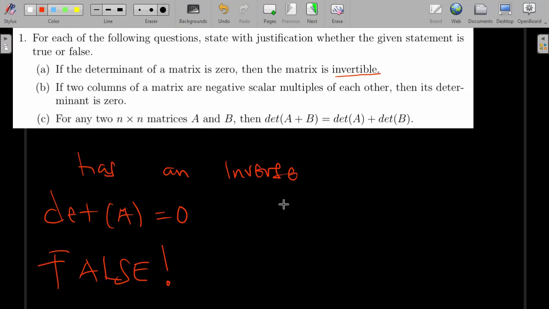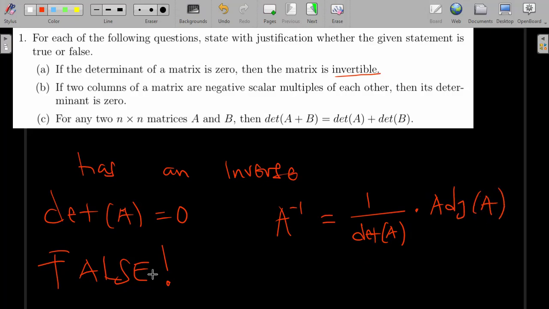Now we have to give a justification for why it's false. In the formula for finding the inverse, A inverse is equal to 1 divided by the determinant of A, multiplied by the adjoint of A. So if this determinant is 0, we are going to have 1 over 0, and we know that 1 over 0 is undefined.